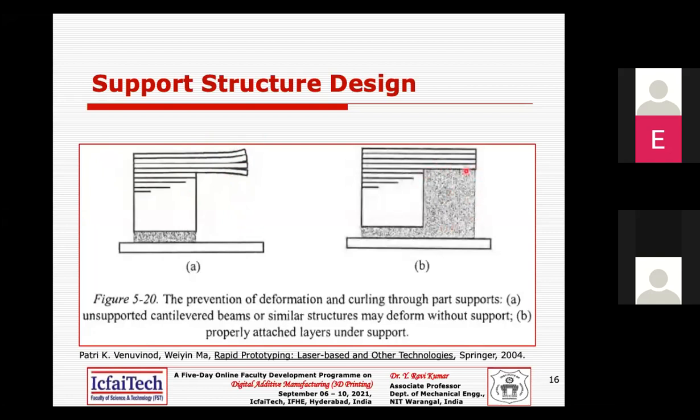You can see these are the extra supports that have been given, eliminating the peeling effect or curling effect of these layers at the interfaces. What I'm trying to say is, not always are the support structures bad. Sometimes they may be good for fabrication, but you cannot generalize this statement. It depends on the situation, the geometry, and even the material, how it is behaving. So that matters a lot.